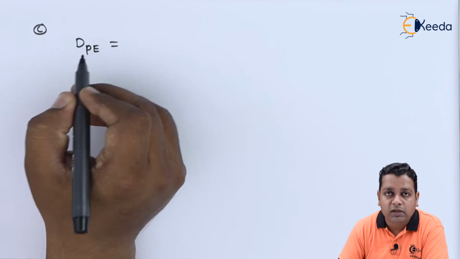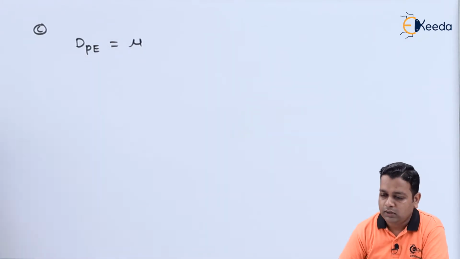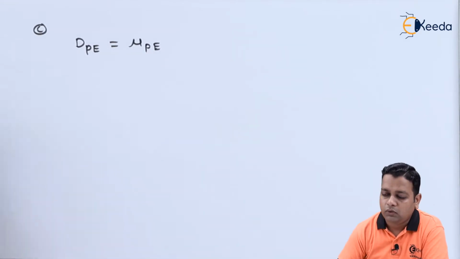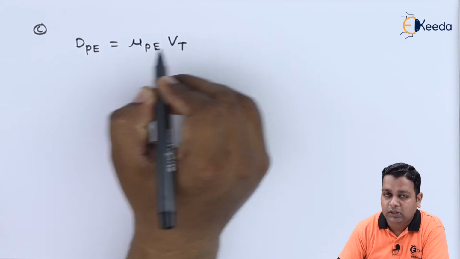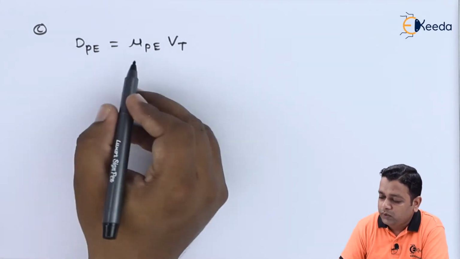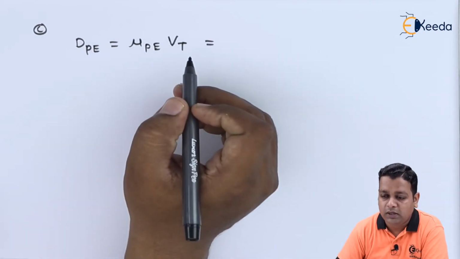It is simply the multiplication of the mobility that we determined in the previous part, μ_pE, into V_T, the thermal voltage.